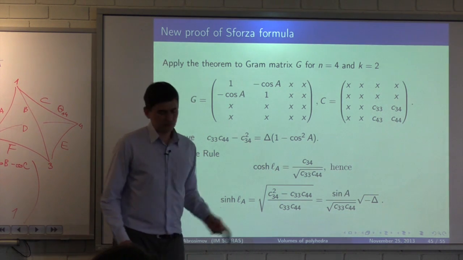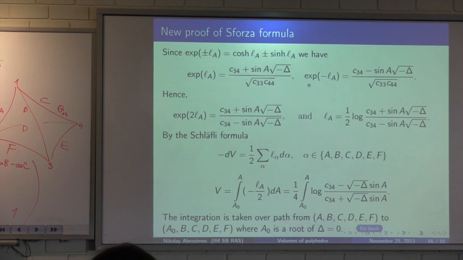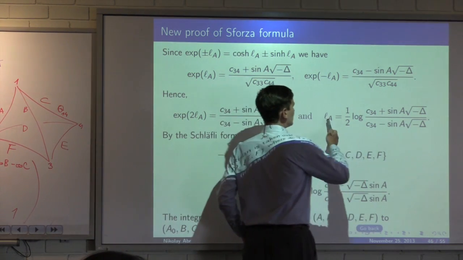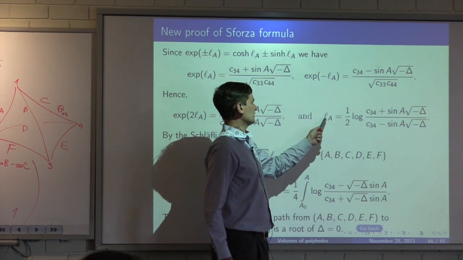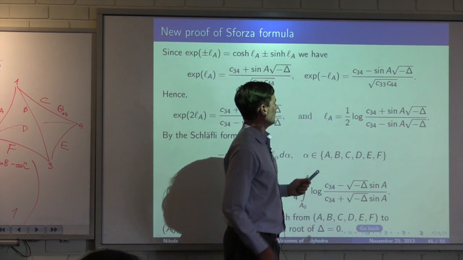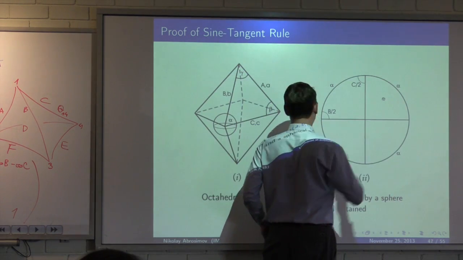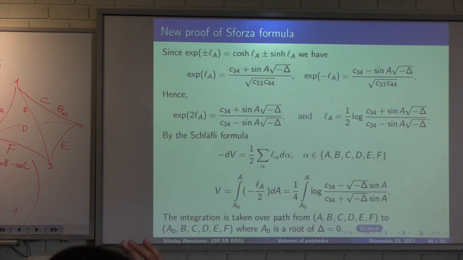So we combine these 2 equations, and after some calculations and manipulations, what we get is a formula for the edge length corresponding to the dihedral angle A in terms of dihedral angles of the tetrahedron.